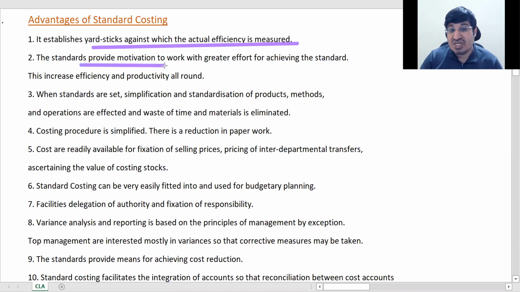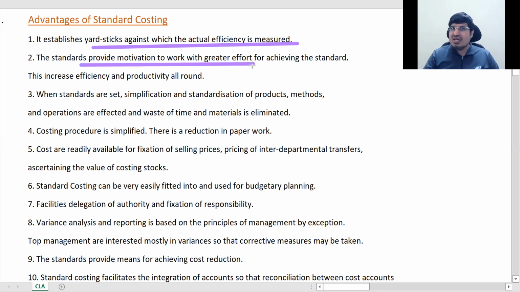Standards provide motivation to work with greater effort. If you know this is the standard, most employees are self-driven. Think of it from our studies point of view. If you feel that you are closer to the goal you have set, say your target is to complete 10 chapters and you are already in your 6th chapter, then your pace will increase.